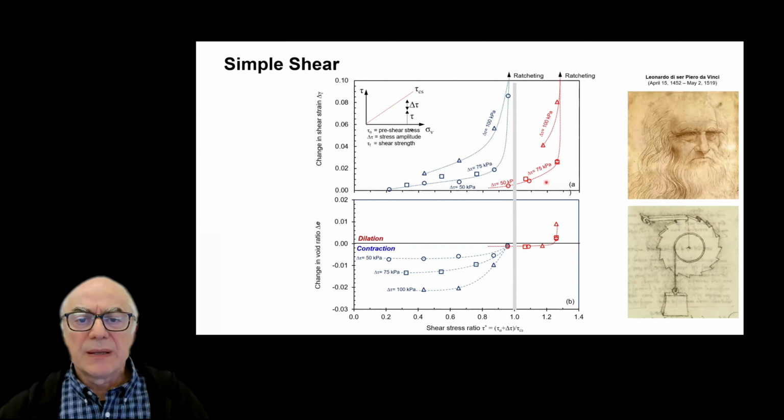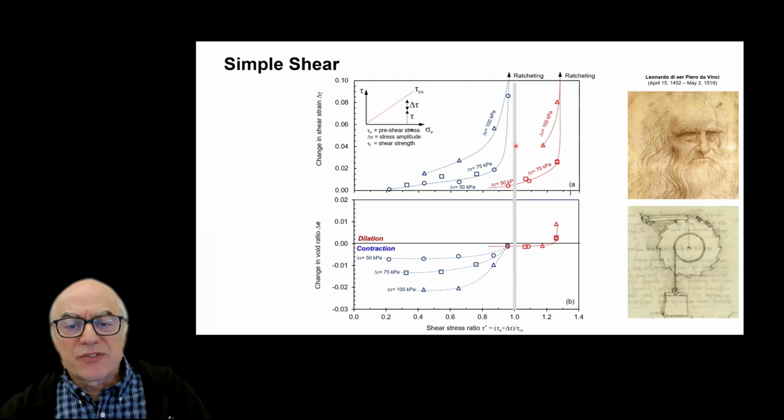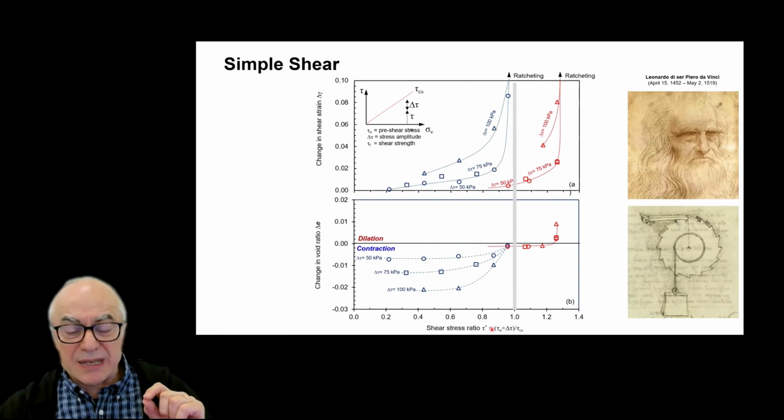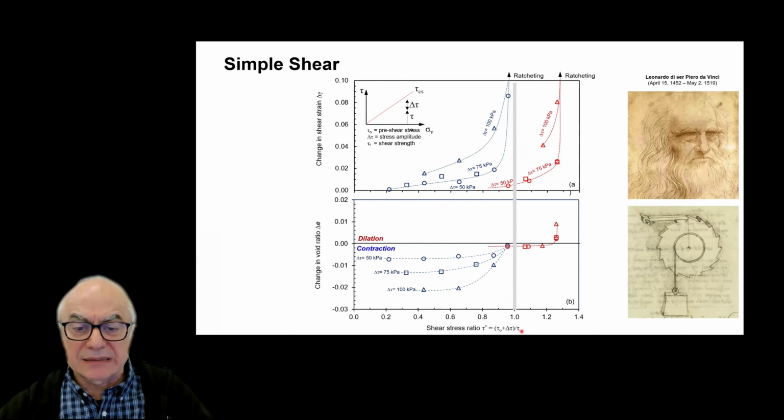So to summarize all the data sets, we tested materials starting from contractive and from dilative conditions, as the material approaches failure. This is normalized now by the peak shear stress. So this takes into consideration the static deviatoric shear stress plus the cyclic deviatoric shear stress, normalized by the shear stress at critical state. As specimens are approaching this value, the likelihood of ratcheting increases.